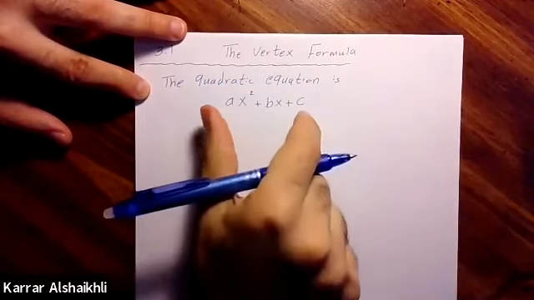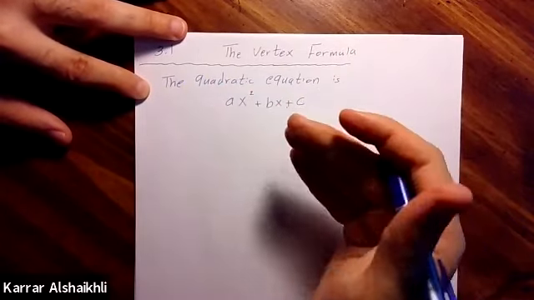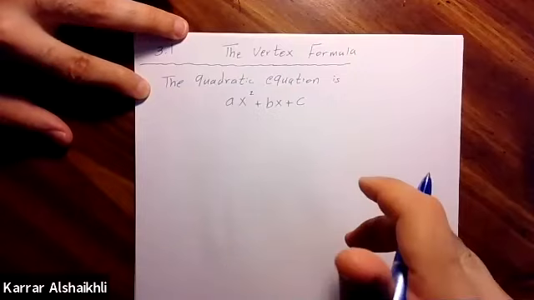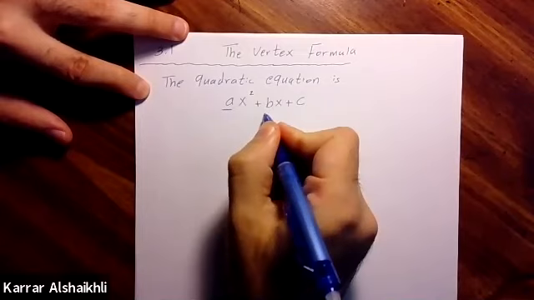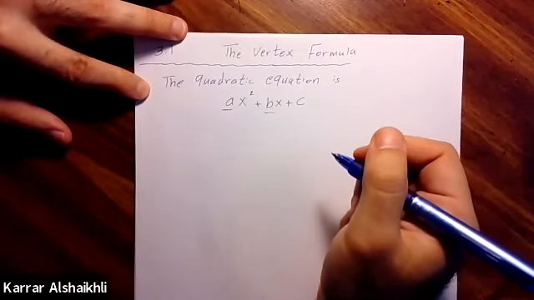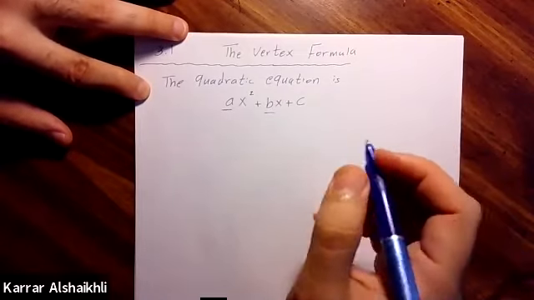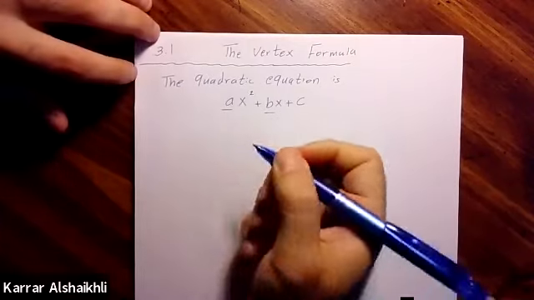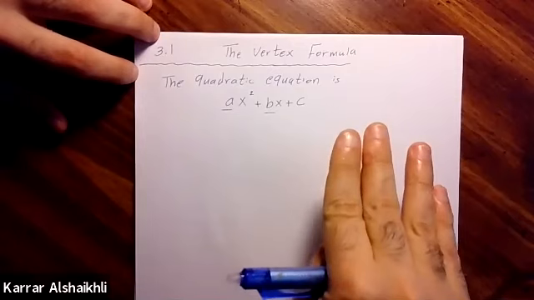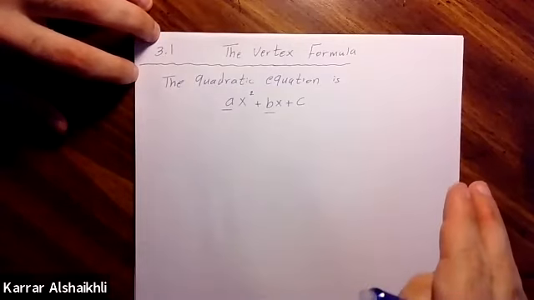This quadratic equation, I'm going to convert it to the vertex formula. How? The first thing, I'm going to use the a and the b. They're going to give you a quadratic equation, and I have to find the vertex formula.